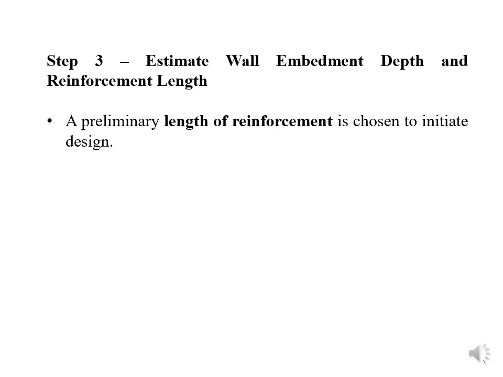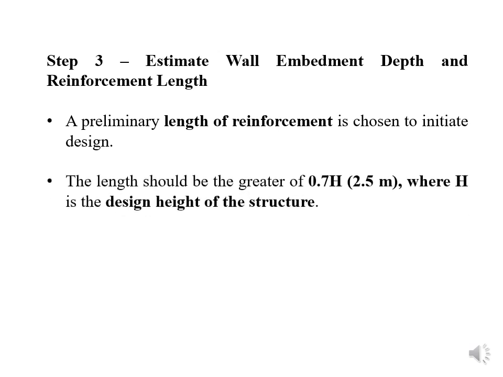We have to decide the length of the reinforcement. It says the length should be the greater of 0.7 H or 2.5 meter, where H is the design height of the structure. Minimum 2.5 meter you have to take.